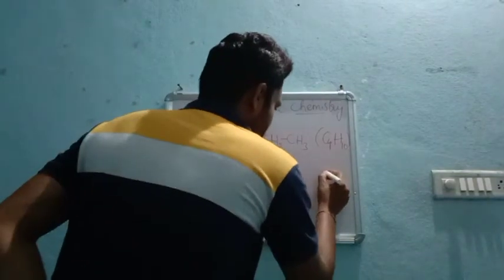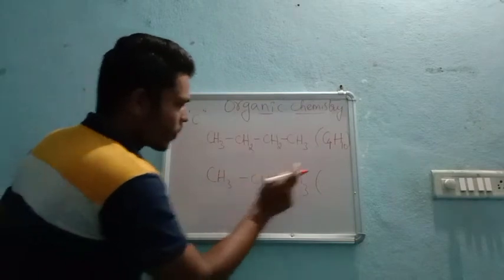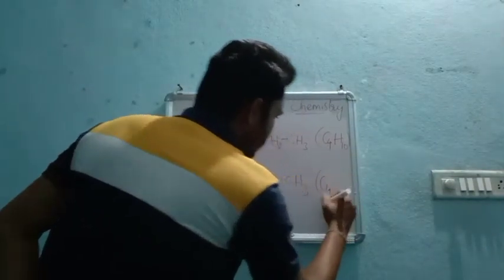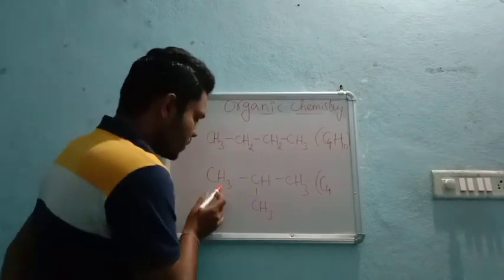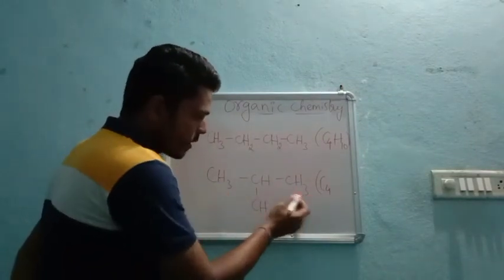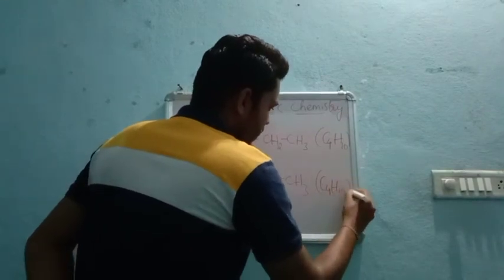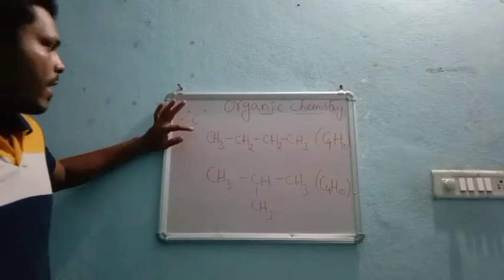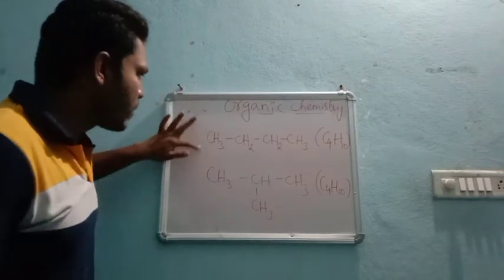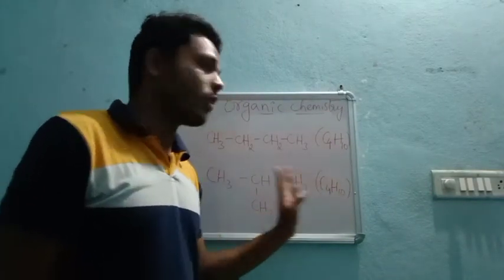Okay. 1, 2, 3, 4. 4 carbons. Now count the number of hydrogens. 3 plus 3 is 6, 6 plus 3 is 9, 9 plus 1 is 10. See the magic of carbon. The structural formula is different, but the molecular formula is the same.